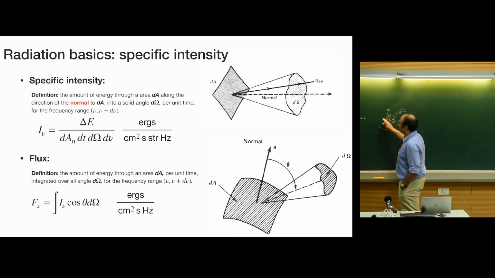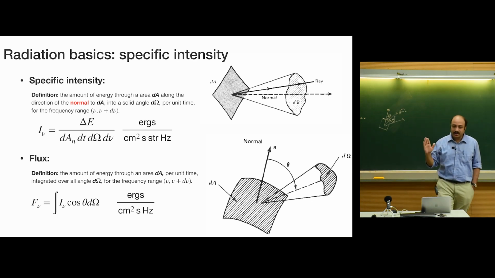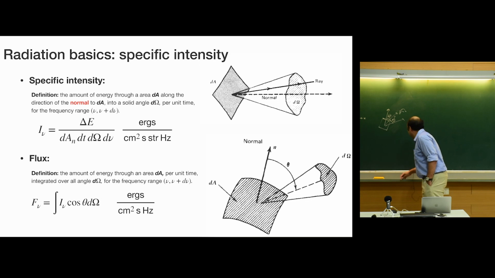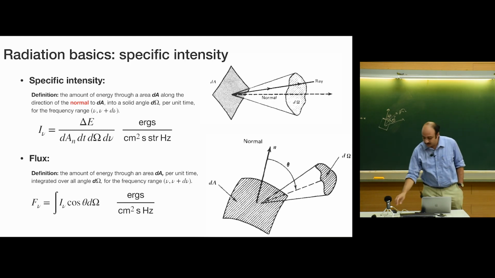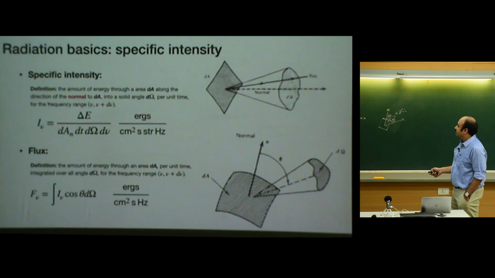But instead of that, what you can do is a transformation of or a component of the area along this direction. That's why the cos theta comes in. So you have to take the fraction of the area oriented along this direction, which is the A cos theta, and then integrate over all lines of sight. So flux is the total amount of energy going through this unit area.